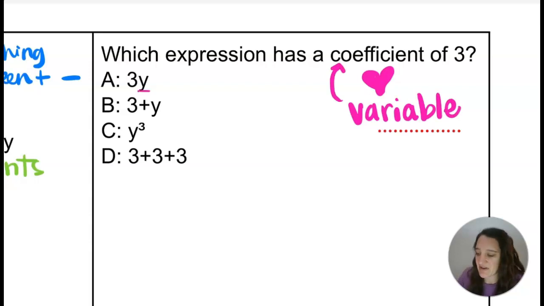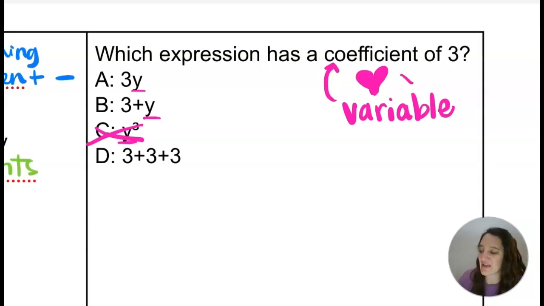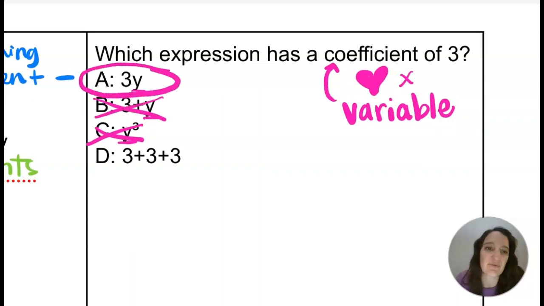So I see a bunch of variables here, but the coefficients are in front of the variable, so it's not that one. And coefficients are always times with variables, not added. So the correct answer is 3y is the only one that has a coefficient of 3.